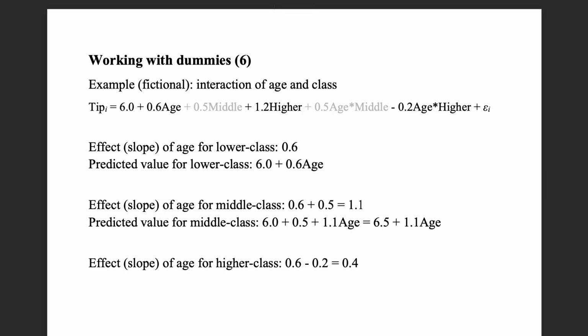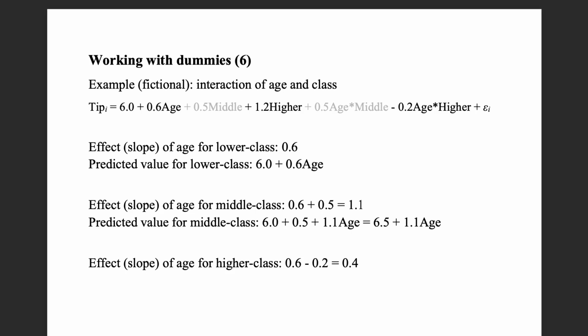Again, we have a situation where we now have two effects for h in our model, the plus 0.6, the main effect, and the minus 0.2, that's given by this interaction term for the higher class people. If we have two effects for the same x variable and nothing else is happening, we can just add those two effects together.